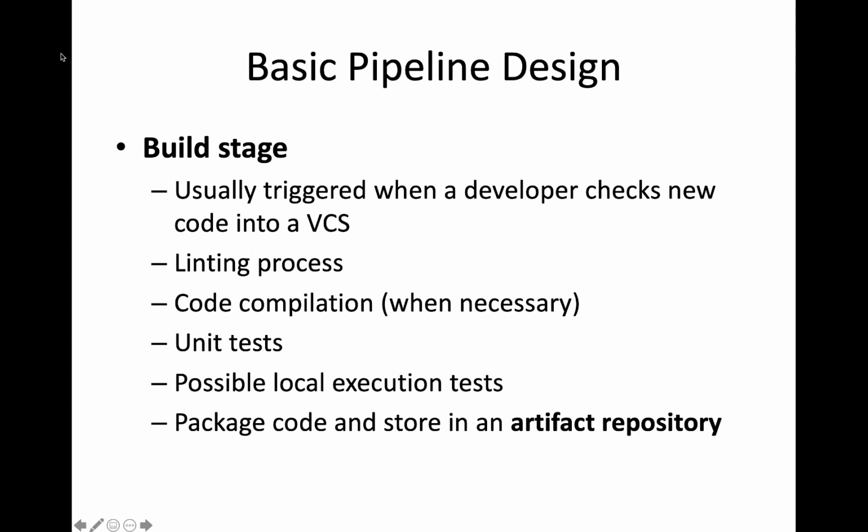We want to take those output artifacts and store them in some sort of repository. This is where they're typically going to be versioned, and there's some traceability back to the original commit that triggered the build process. The artifact repository could be something as simple as an S3 bucket. It could be an actual commercial artifact repository server like Artifactory or Nexus. But the key is that the artifacts are stored somewhere.